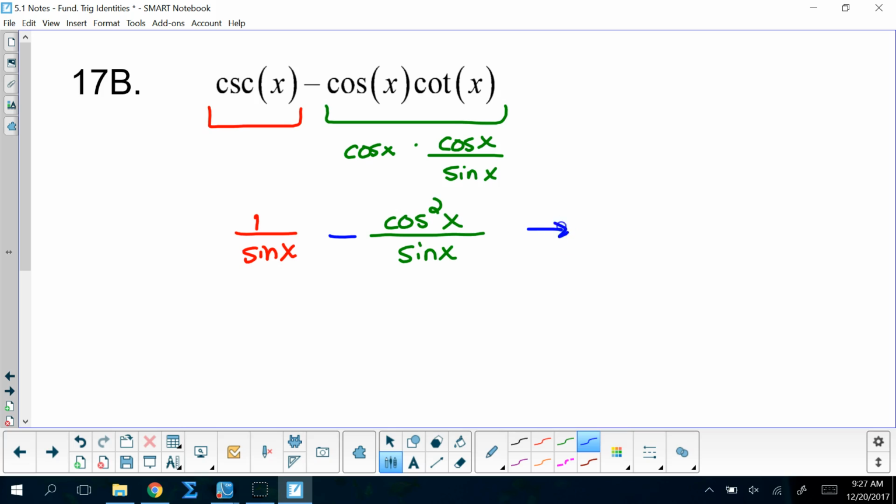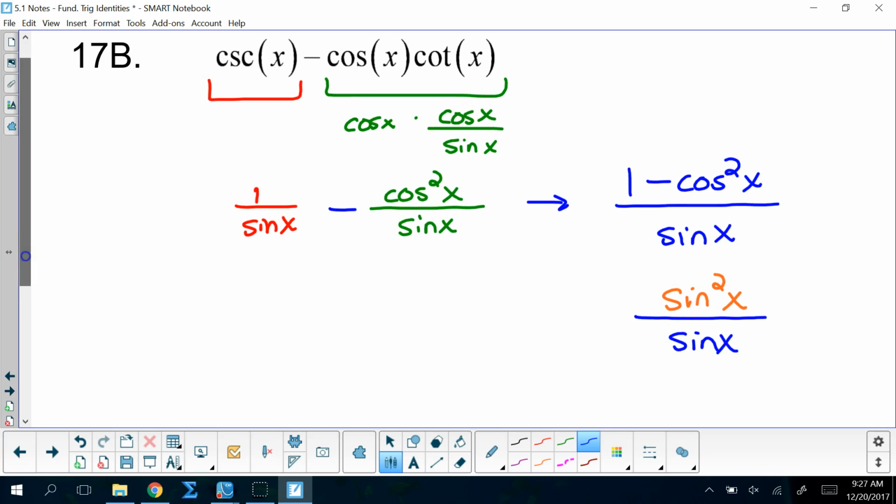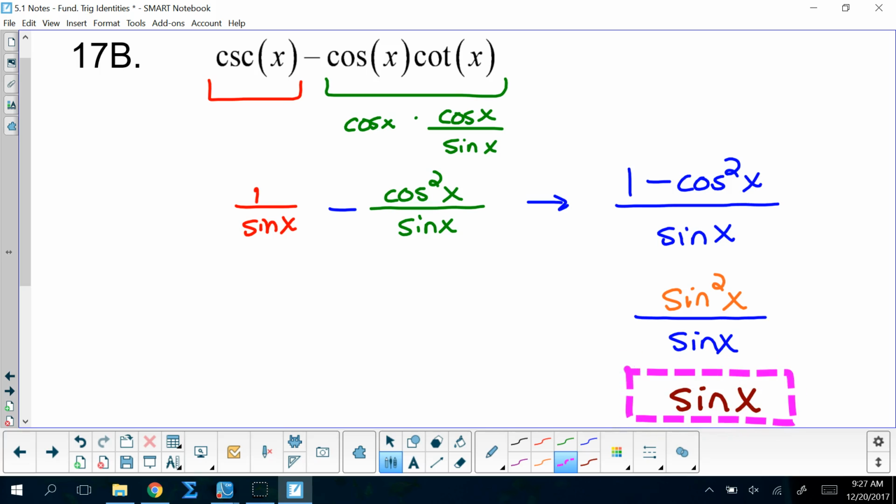Luckily, they're already in common denominators, so this becomes 1 minus cosine squared of x over sine of x. 1 minus cosine squared becomes sine squared, so this ends up just being sine of x. Okay? Questions on that one?